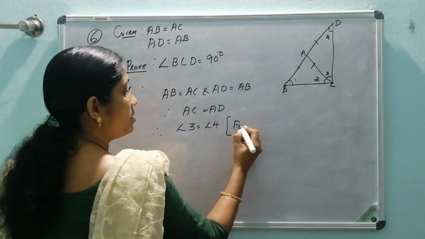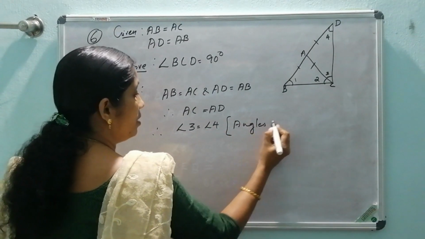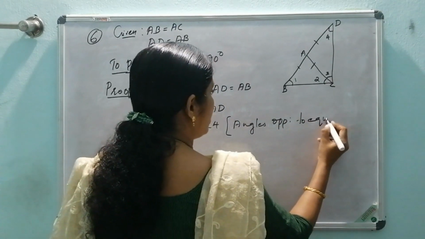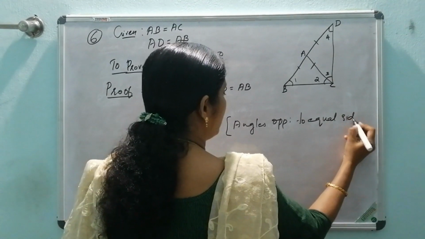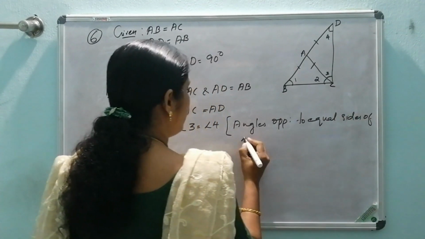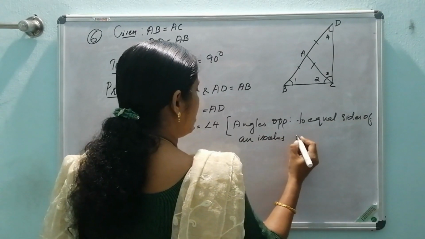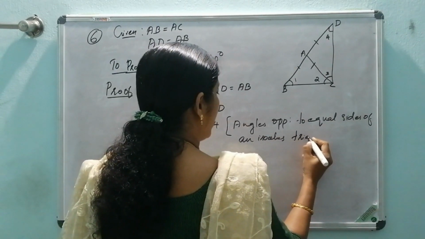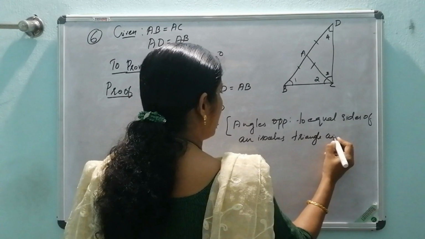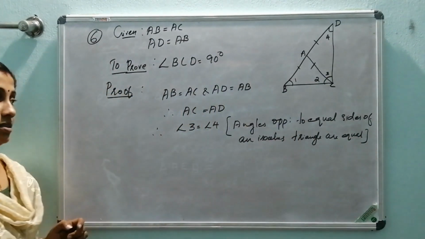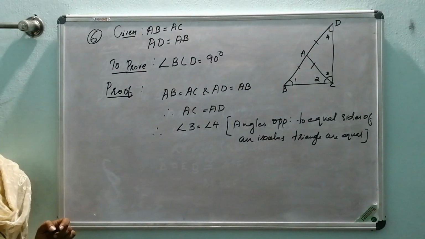Reason: angles opposite to equal sides of an isosceles triangle are equal. So we got angle 3 is equal to angle 4.